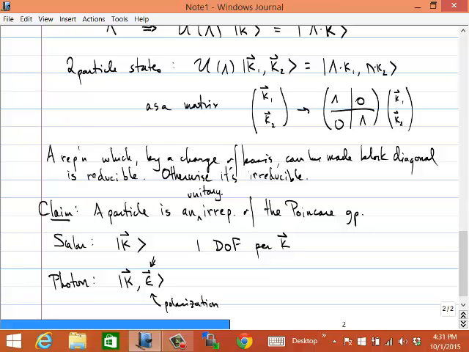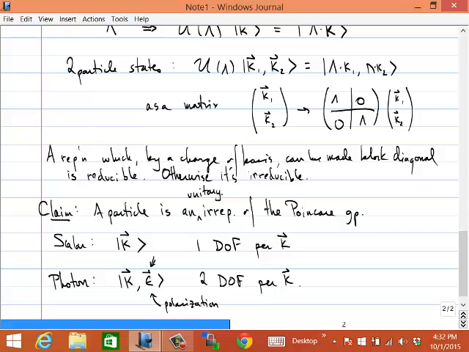You probably saw this in your class on electromagnetism. If you have a photon propagating in the z direction, then they would be either x or y polarization, or sometimes you use a basis of circular clockwise or anti-clockwise polarization. So this would be a theory where you have 2 degrees of freedom per momentum mode.